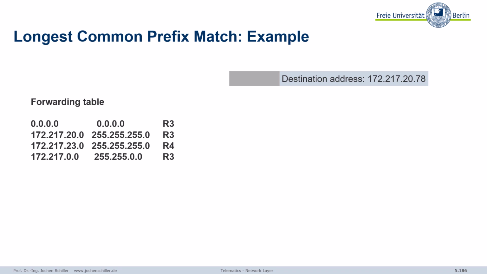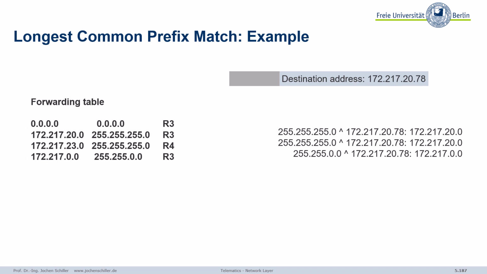So where does it basically match? We see from the destination address 172.217. Okay, that matches with all three entries as we see so far, but we want to go for the longest common prefix match.